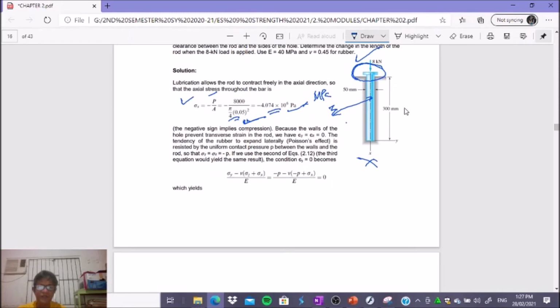But, ang mangyayari niyan, in the lateral, since walang clearance, magkakaroon tayo ng load. Magkakaroon tayong load. Sorry, wala pala tayong clearance. Since kinukompress natin yan, kung may clearance, sana uniaxial. Ngayon, since walang clearance, magiging triaxial ito.